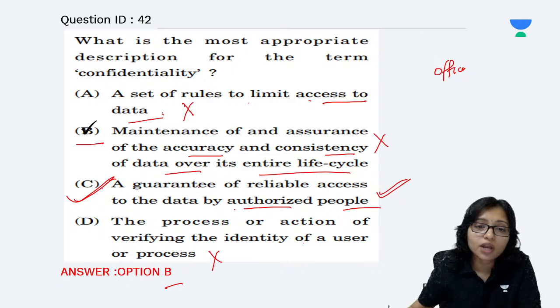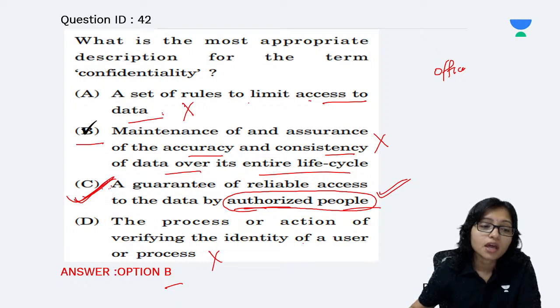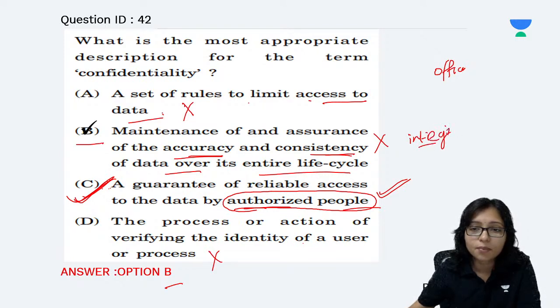So unauthorized access is part of confidentiality, that's why we are choosing this one. Unauthorized access attempts are commonly categorized according to the amount of damage and so on. Integrity involves maintaining consistency. Consistency and accuracy are part of integrity, so integrity is not what is asked here.